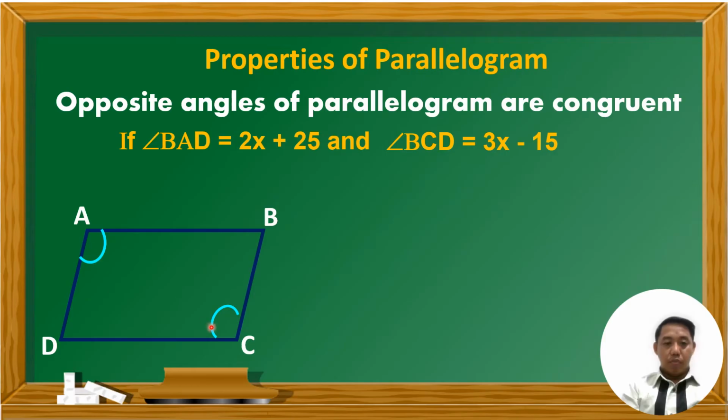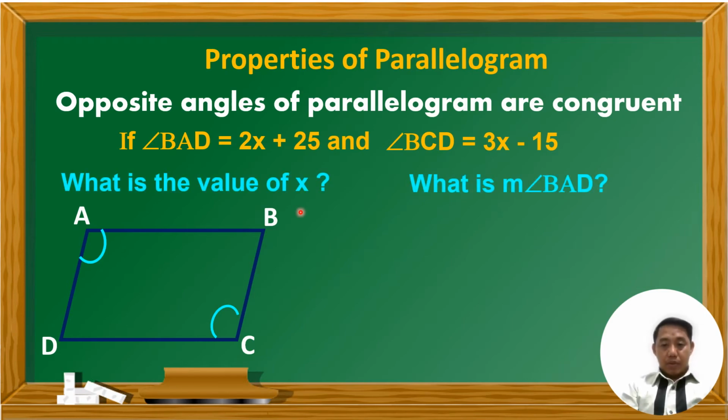Take note, they are opposite. Therefore, they are opposite angles of parallelogram. They are congruent. Ang pinapahanap sa atin, the value of x and measurement of angle BAD. So, therefore, itong angle na yan, BAD and BCD, they are equal.